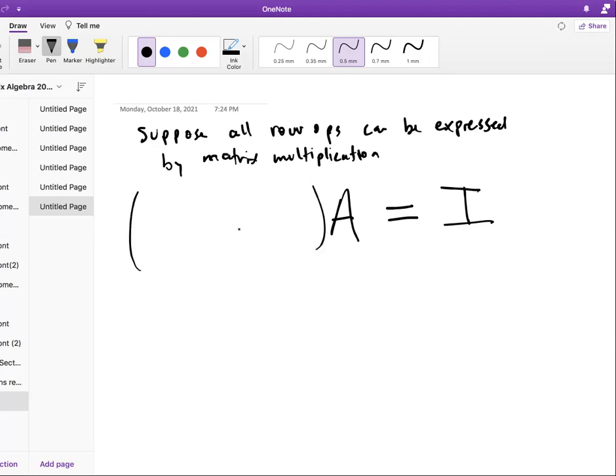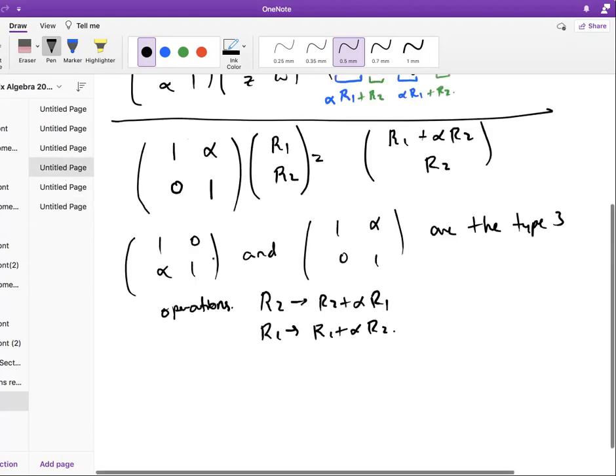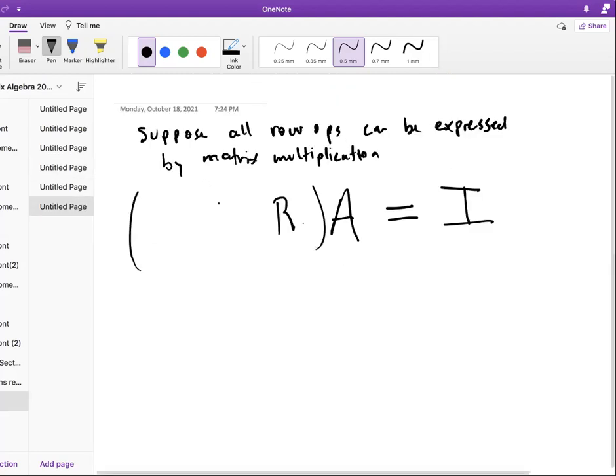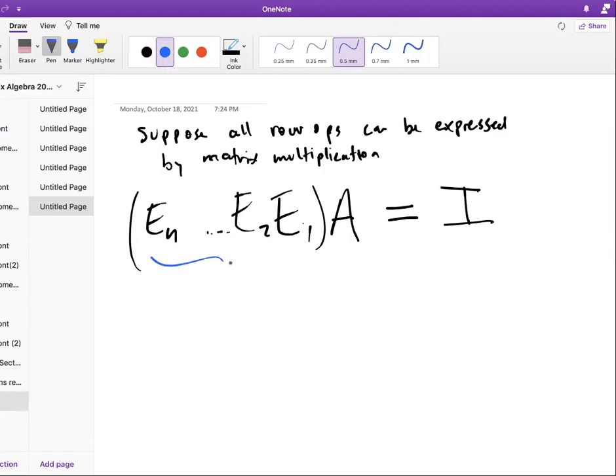So at every step in our row operation, we multiply by a matrix on the left, right? Remember the ones that we did here, we were multiplying on the left. So this is our first operation. Maybe we use a different letter, maybe E. This would be our first operation. This would be our second operation. We keep going until we end in the reduced row echelon form. So this is Gaussian elimination.